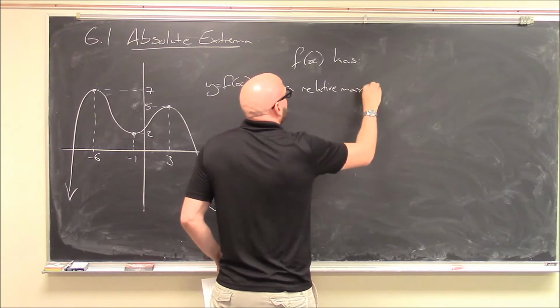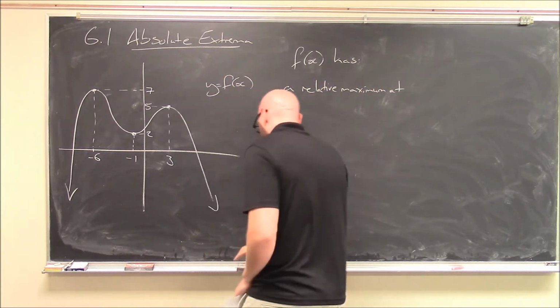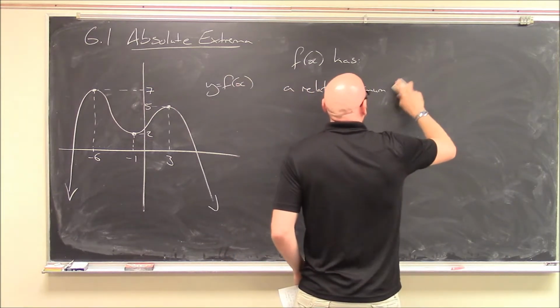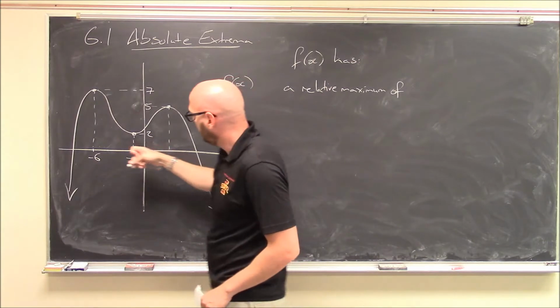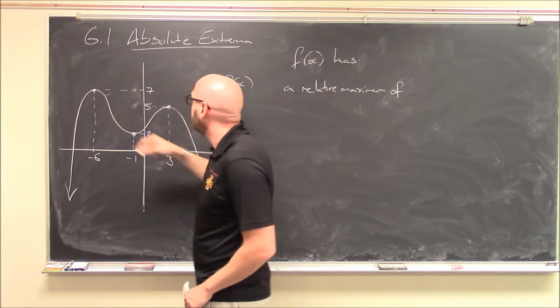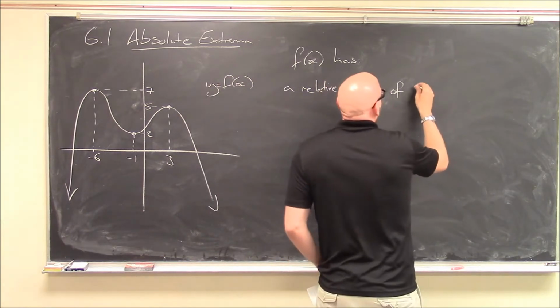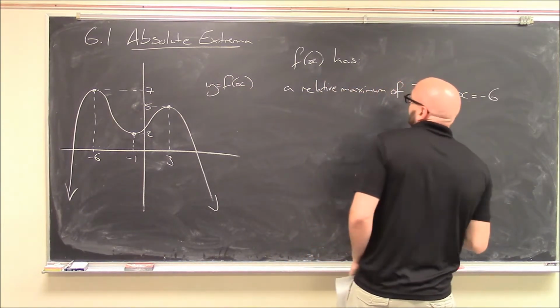It has a relative maximum of, we'll give the value first, here I have a max at minus 6, so that max value is 7. It has a relative maximum of 7 at x equals minus 6.